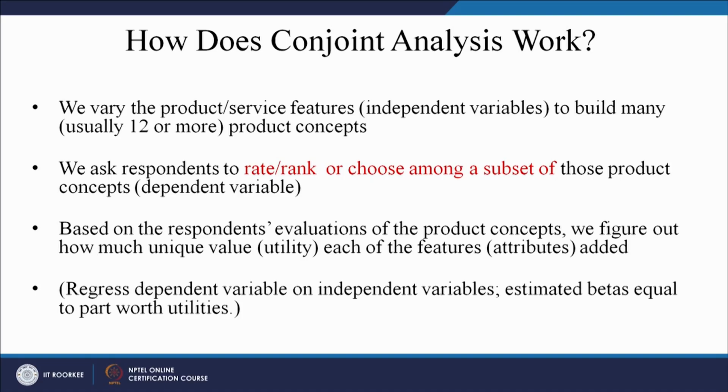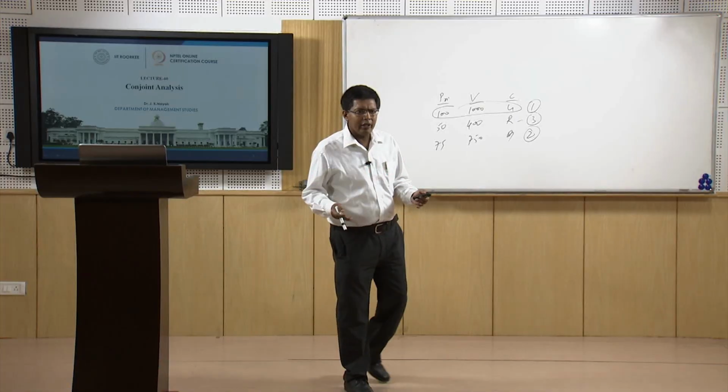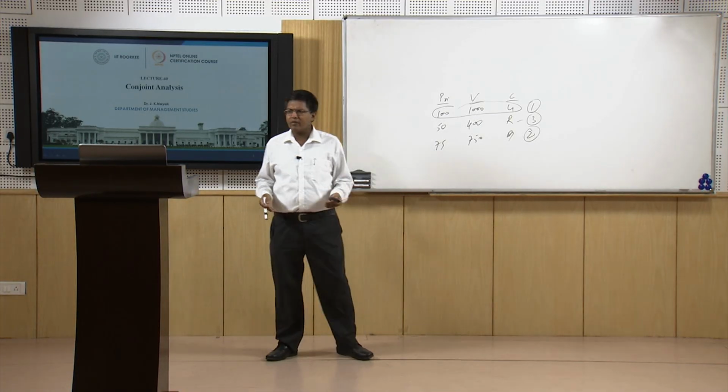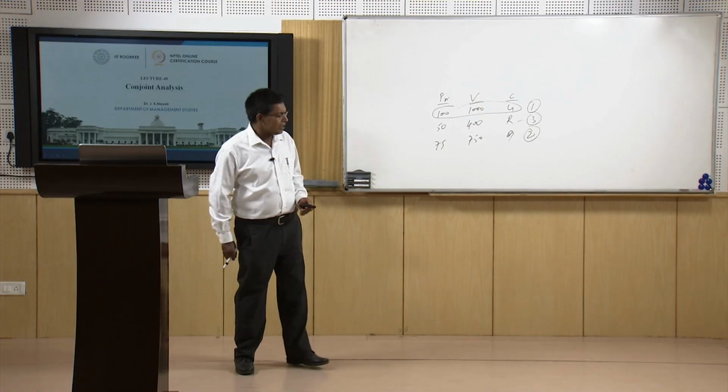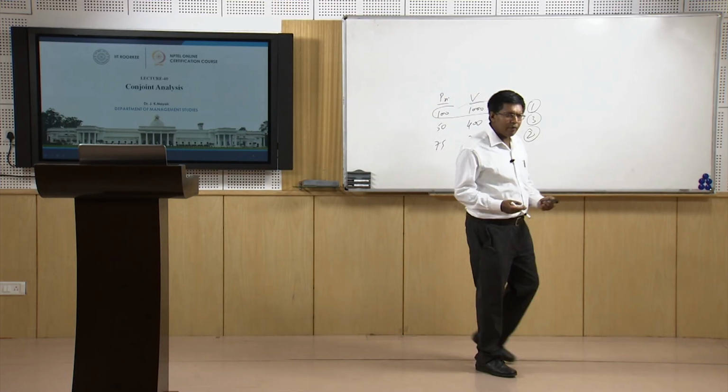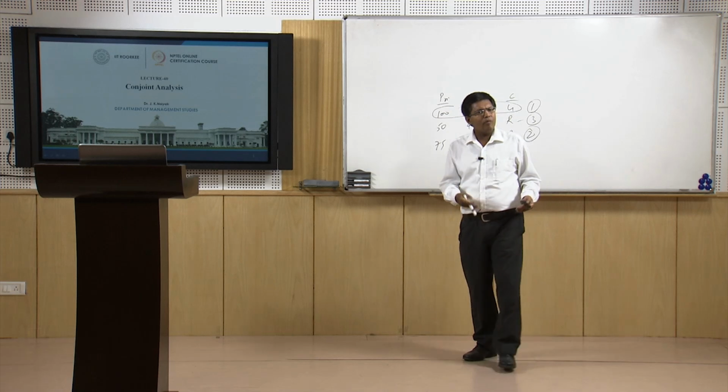Okay. So, based on the respondents we figure out evaluations of the product concepts. We figure out how much unique value or utility, which is termed part worth functions, each of the features adds. That means if a particular feature had not been there, what would have happened, and when it is present, what happens.